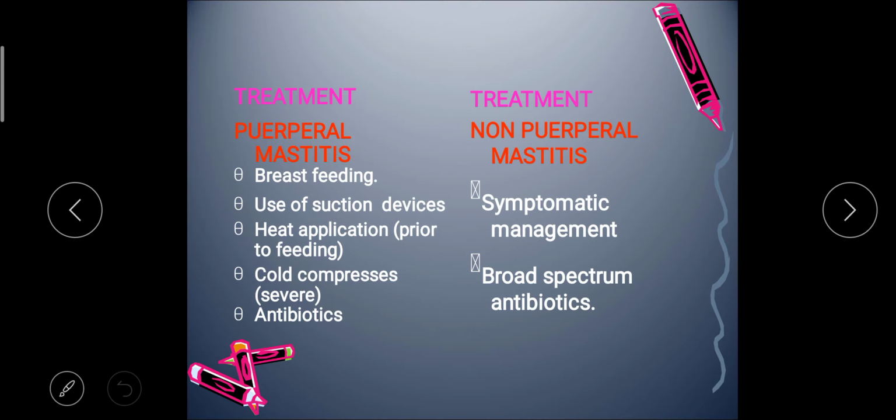For puerperal mastitis: breastfeeding, use of suction device, heat application, cold compresses, and antibiotics. For non-puerperal mastitis, symptomatic management based on the symptoms, and broad spectrum antibiotics to prevent infection. So this is about mastitis.